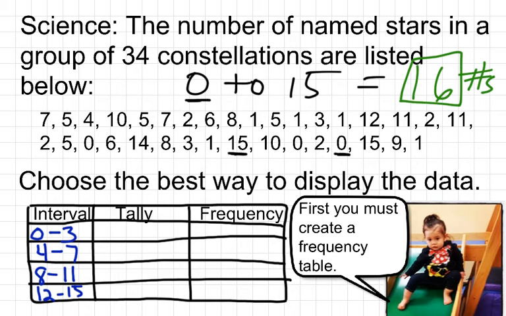So with my tally mark, I'm going to say, okay, I have a 0, 0, I have a 2, I have a 3, a 1, a 0, a 2, a 1, a 3, a 1, a 1, a 2, and another 1.